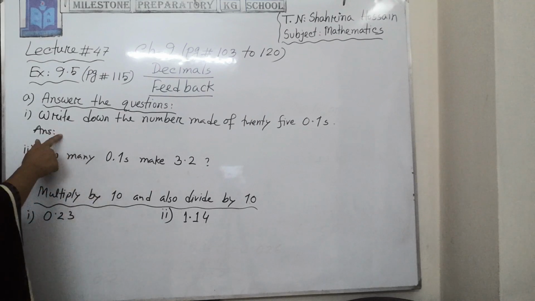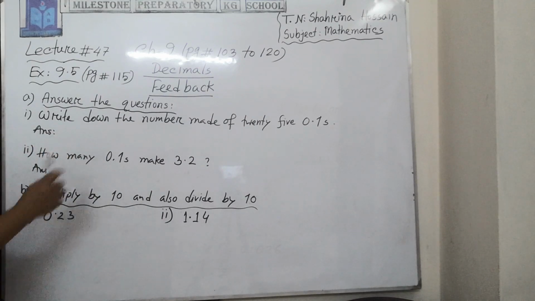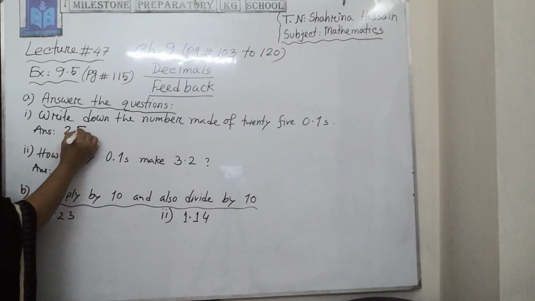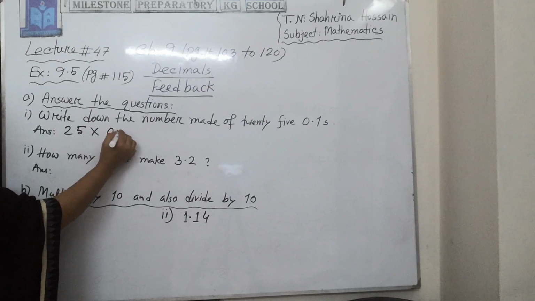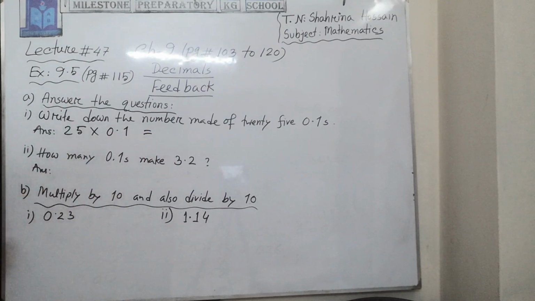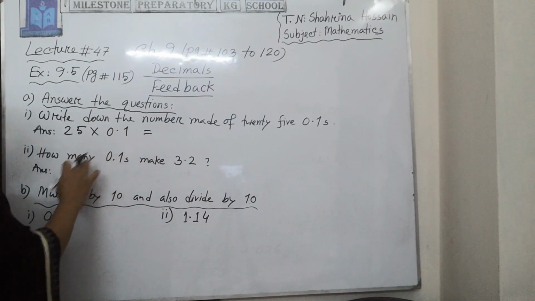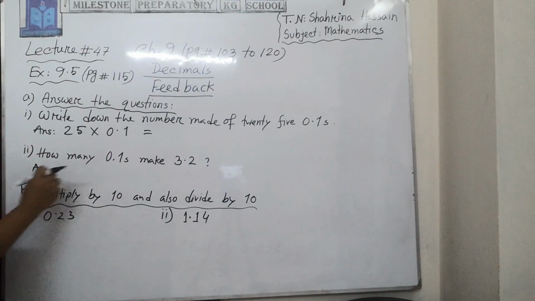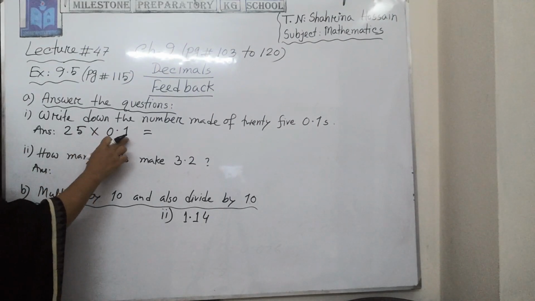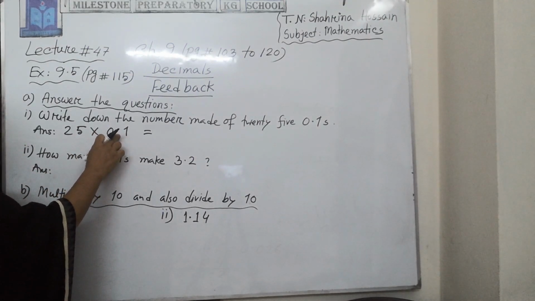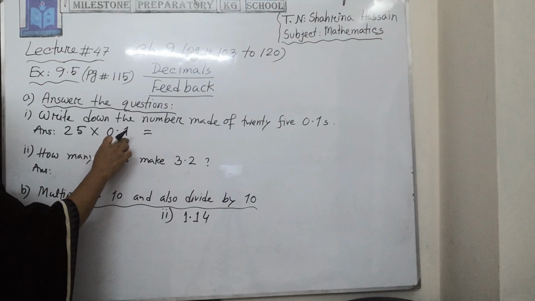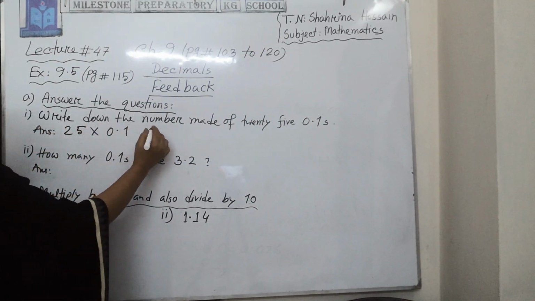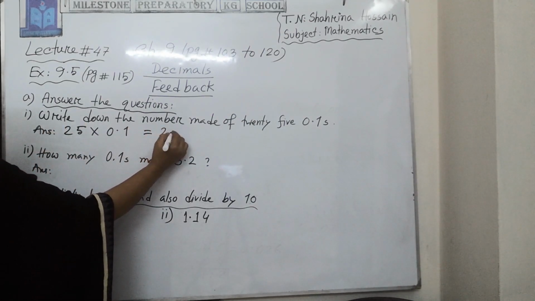In this math we will at first multiply. So how can you multiply? There is the number made of 25. That means 25 into 0.1. So my answer is what? We already know when we multiply any number with a decimal fraction, we have to observe the position of the decimal. Here after decimal there is one digit. So my decimal point will be between the 2 and 5: 2.5.